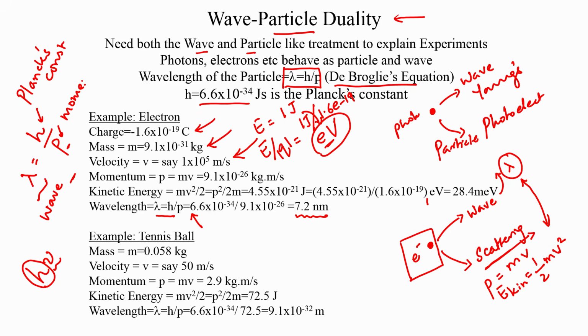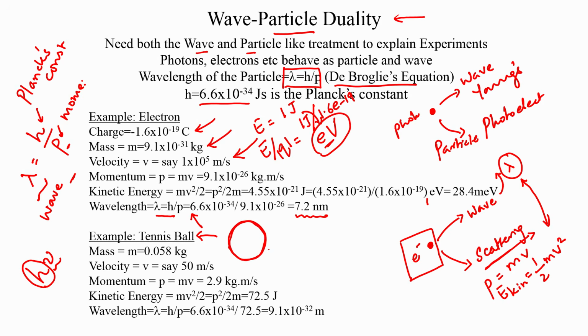Now, let us take, just for the sake of argument, a very large particle. I have taken the example of a tennis ball, and a tennis ball is not a single particle, it is composed of many little particles, but let us say that that is not the case, and we are talking about one very large particle.